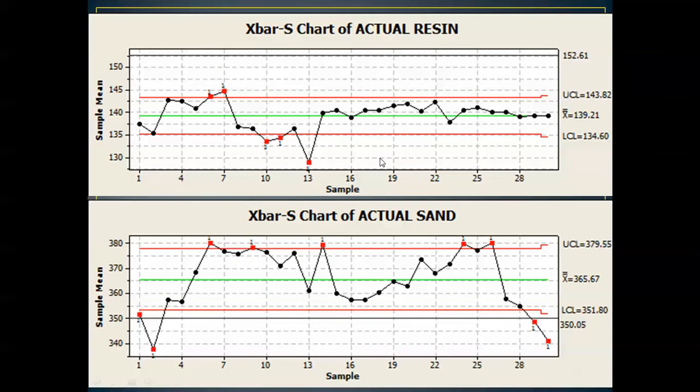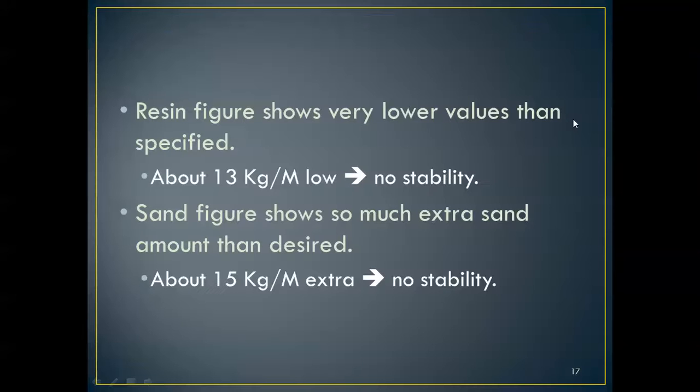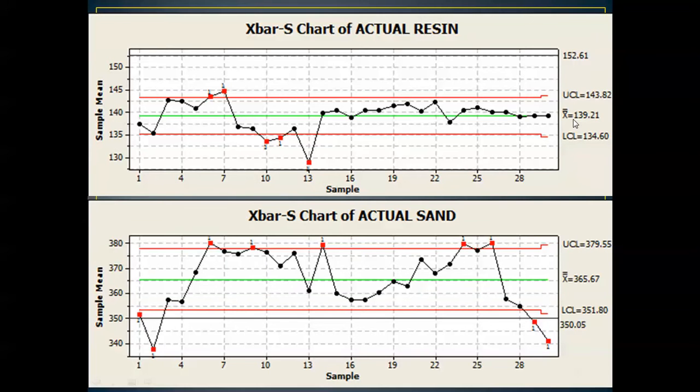Here are the main problems in resin and sand. For resin, we are having about 13 kg per meter lower than specification. The specified value is 152.61 kg per meter, and the average value is 139 kg per meter.